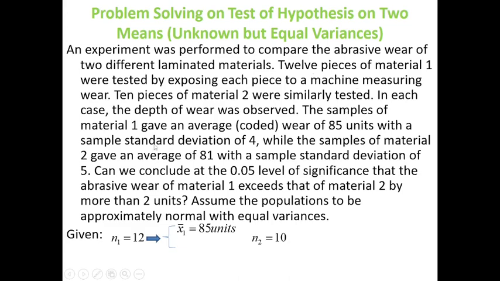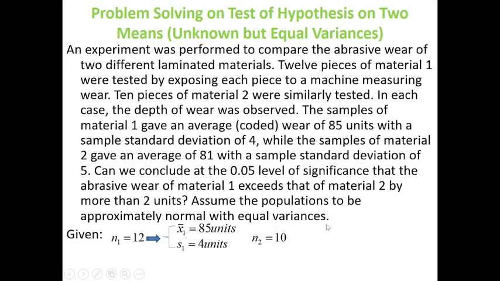The samples of material 1 give an average coded wear of 85 units with the sample standard deviation of 4. So considering the 12 pieces of material 1, we have the average coded wear of 85 units with the standard deviation of 4 for the sample.